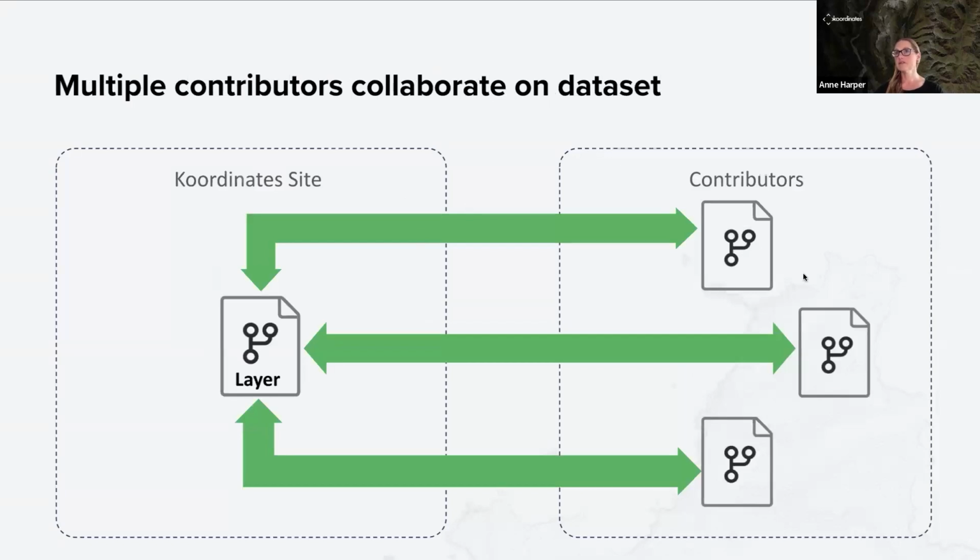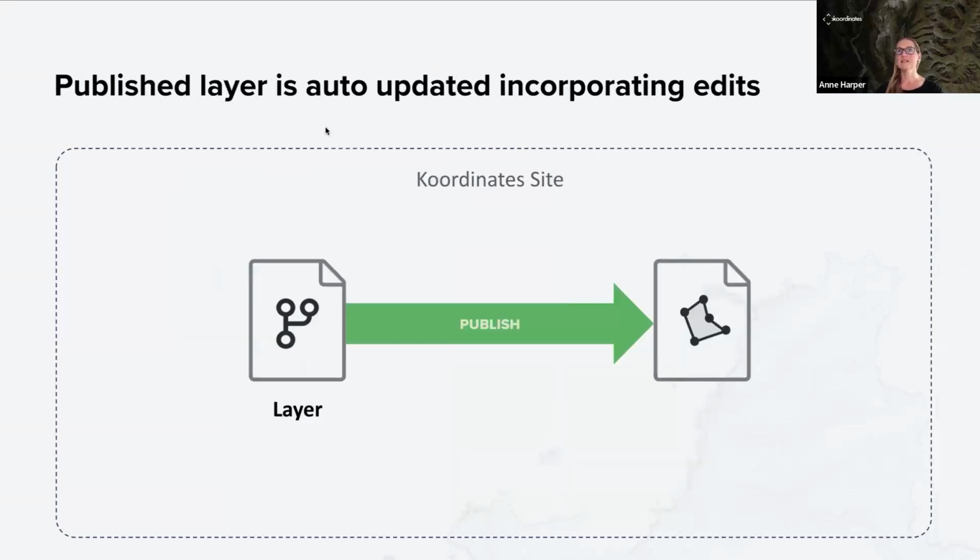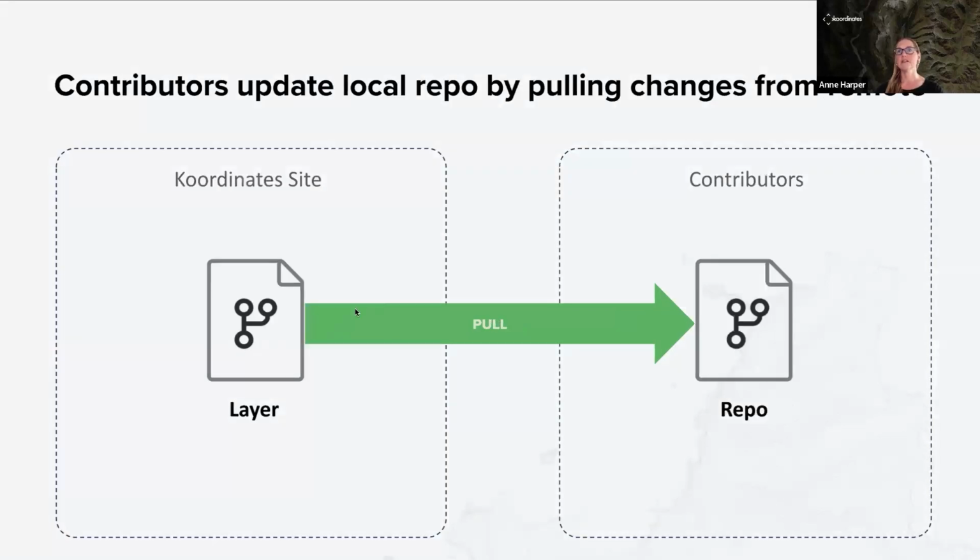You can have multiple contributors all working on one data set. And then the published layer is auto updated, incorporating all the edits. So that's the main layer that everybody was using in the first place. And then all the contributors can come back again and pull all the updates down for their working copy.